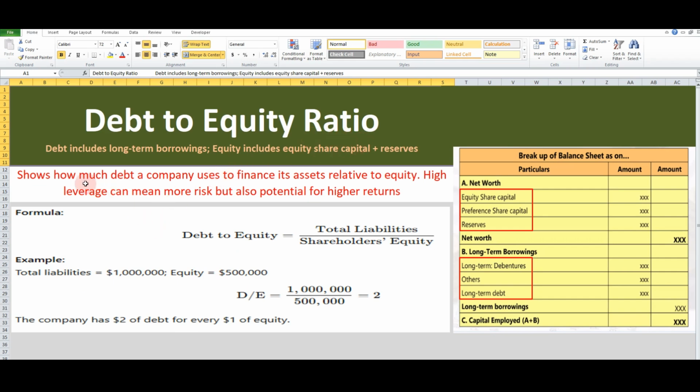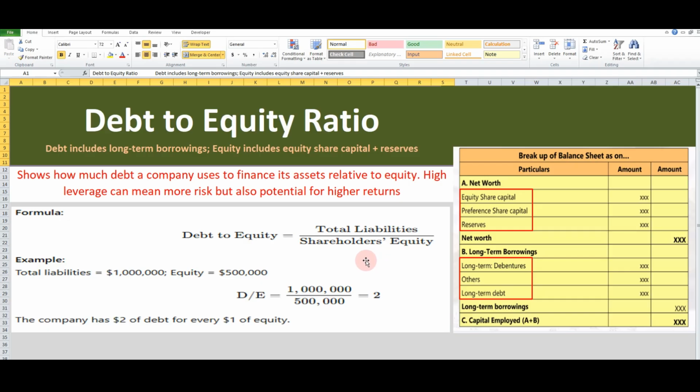Debt to equity ratio shows how much debt a company uses to finance its assets relative to equity. High leverage can mean more risk but also potential for higher returns. Now, how do we calculate this? Total liabilities, we can take from the balance sheet.